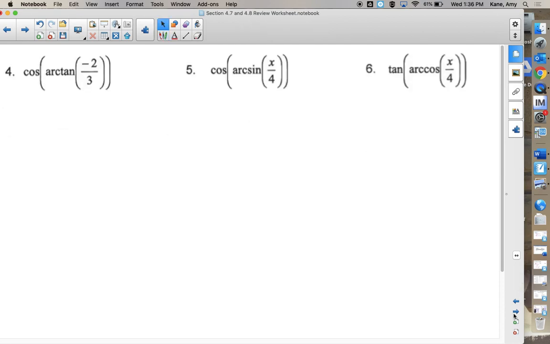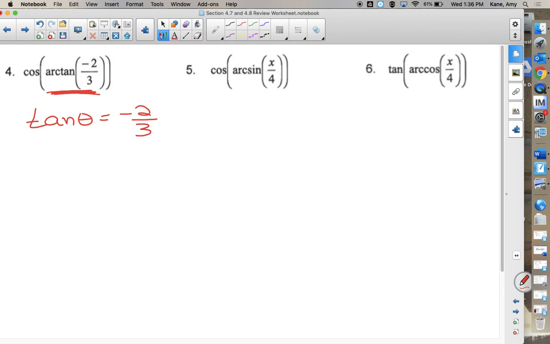So looking at number 4, I'm going to just rewrite this first. I usually take the equation, whatever it says, arctan, arc cosine, arc sine, and just rewrite it first. So in this case, arctangent -2/3. And then I draw myself a little xy axis.